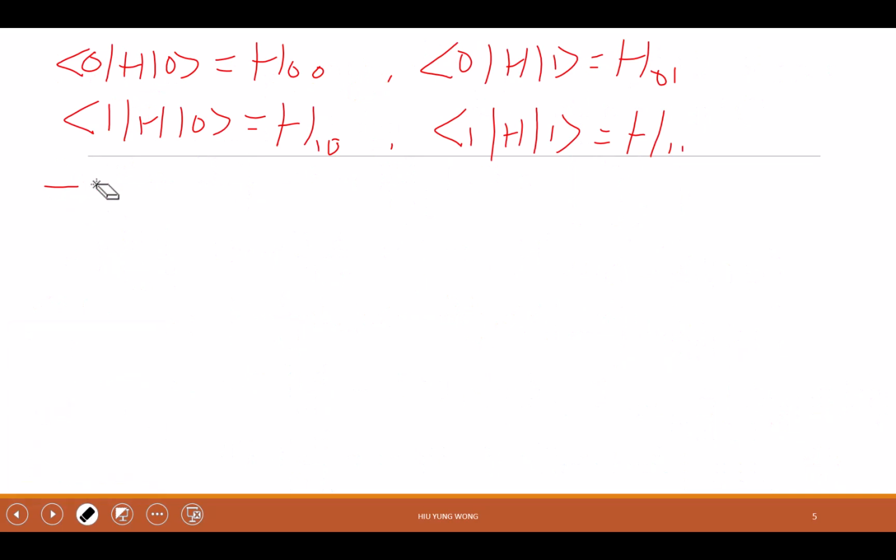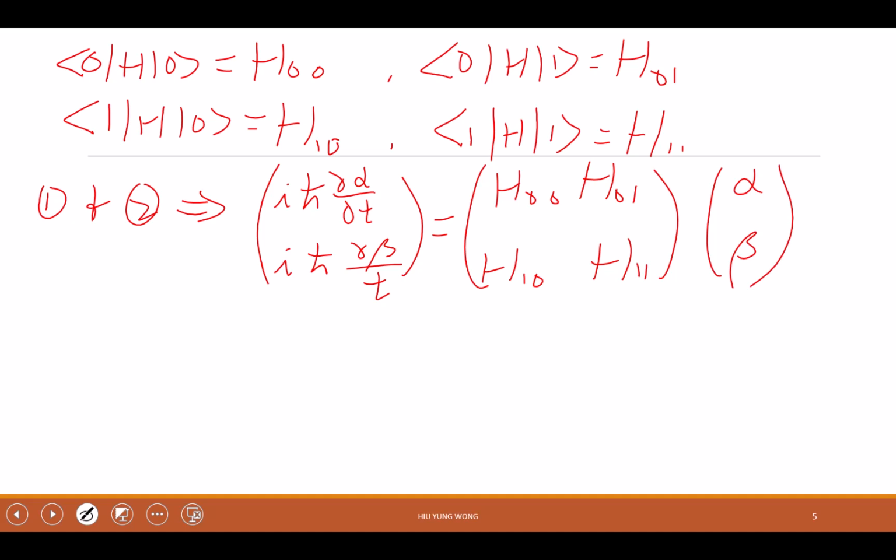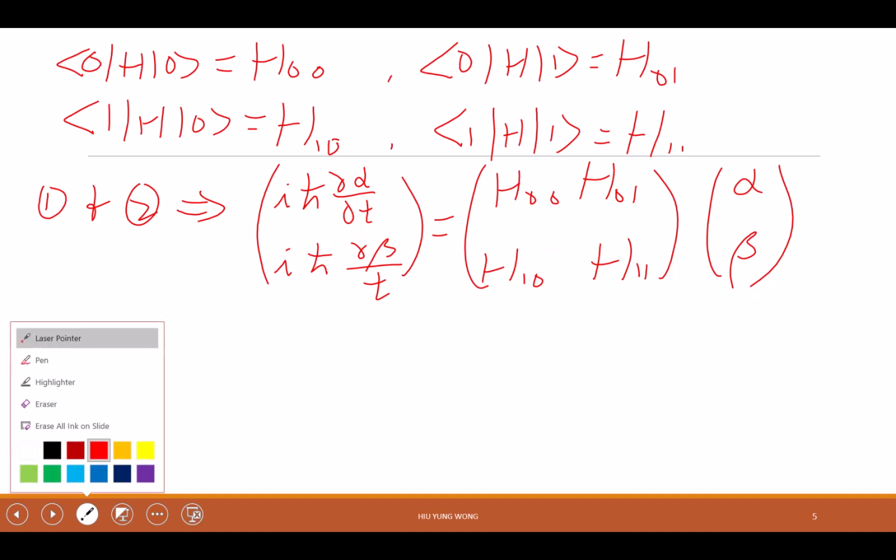Then, basically, I can rewrite equation 1 and equation 2 as this: i h bar partial alpha partial t, i h bar partial beta partial t equals the matrix h00, h01, h10, h11 acting on alpha, beta. Whether you believe me or not doesn't matter. Let's take a look if this is true.